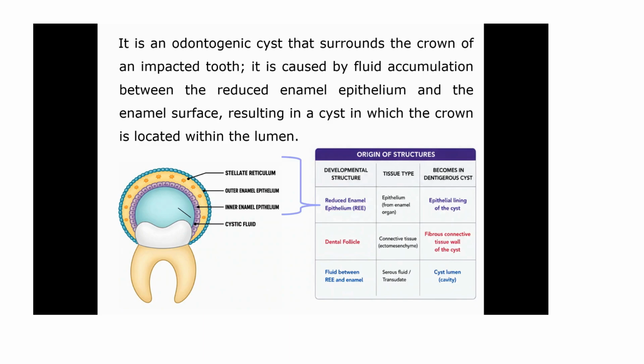Dental follicle is going to form the connective tissue part, which is the fibrous connective tissue wall of the cyst, and fluid will be collected between reduced enamel epithelium and the enamel. This will be the content of the lumen. In my last lecture, I had discussed the elements of the cyst. Here, I have listed the element of the lumen, which is going to be a serous fluid or the transudate.